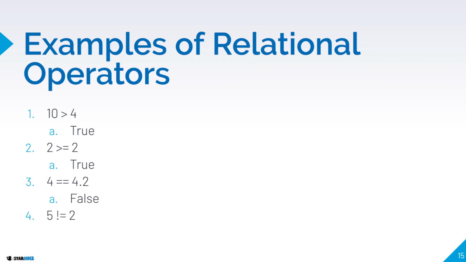Final example, what about this one? The explanation for this is that 5 is not equal to 2, meaning that this value is true.